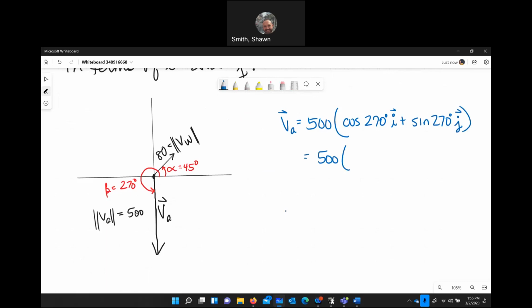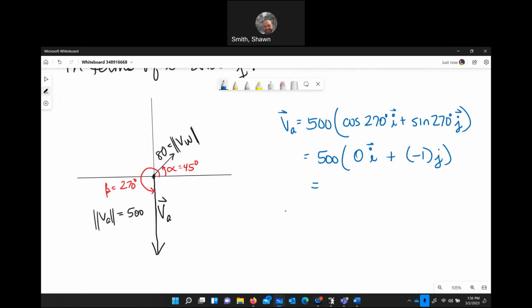Cosine of 270, think about the unit circle, the ordered pairs from the unit circle. Cosine is the x coordinate. To get down there, that is 0. Sine would be -1, right?